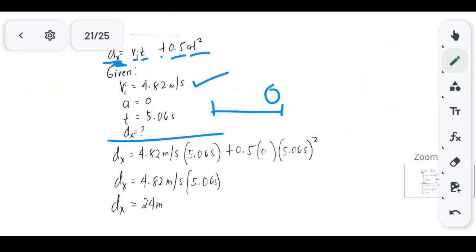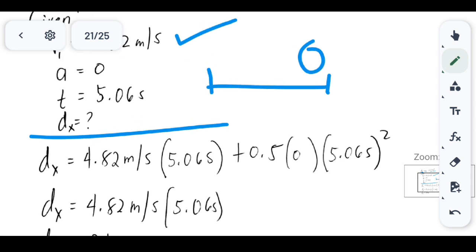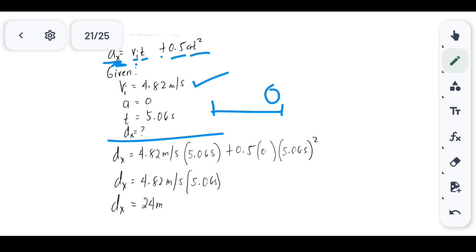And then, we are looking for the distance horizontally. Then, afterwards, the thing you need to do is substitution. The value of our initial velocity is 4.82 meters per second. The value of our time is 5.06 plus 0.5, and then the value of acceleration is 0, and then the value of time 5.06 seconds raised to 2.